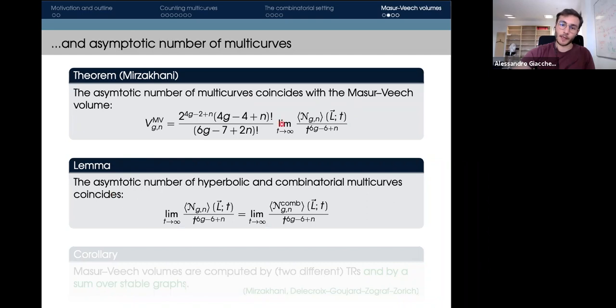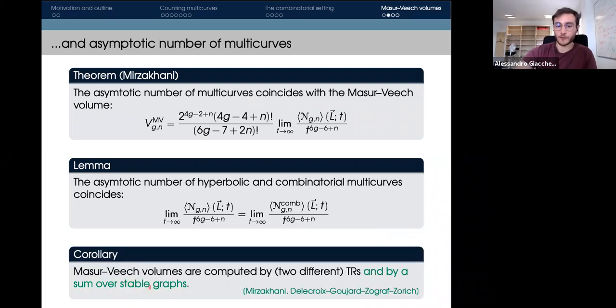If you take this result together with what I told you before, a corollary is that these Masur-Veech volumes can be computed by two different topological recursions, the one in this combinatorial setting and the one in the hyperbolic setting. They're also given by a certain sum over stable graphs. This sum over stable graphs result was also kind of known by Mirzakhani and was also proved recently by Delecroix, Goujard, Zograf, and Zorich using different methods.